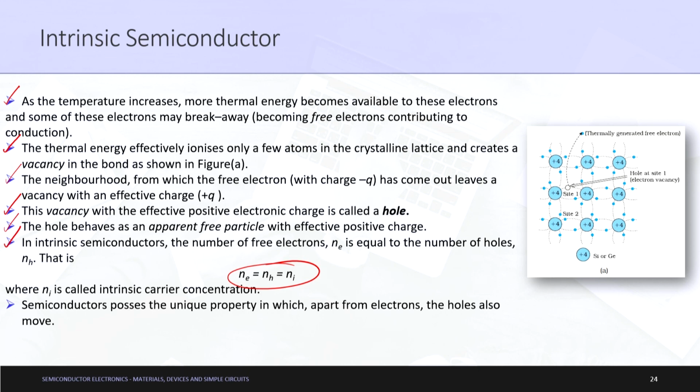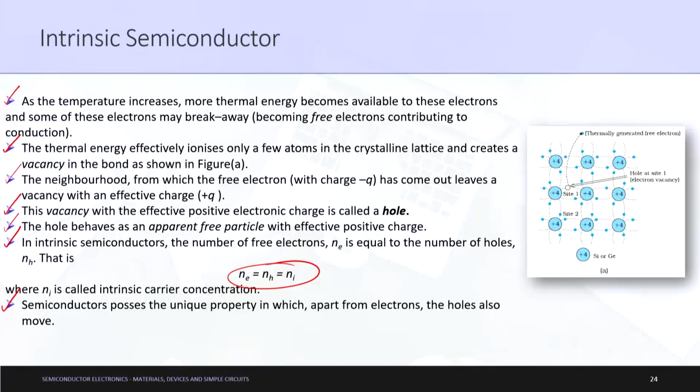Semiconductors possess the unique property in which, apart from electrons, the holes also move. This is one of the basic agendas of the complete semiconductor concept which we will try to understand in subsequent slides. Not just the electrons, these holes also move from one place to another. How will they move?